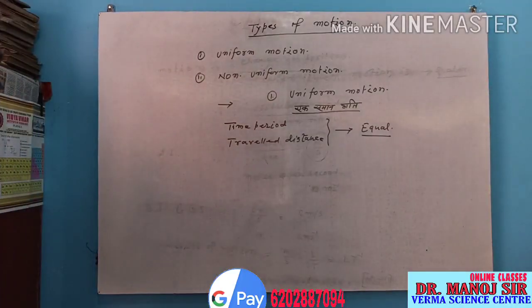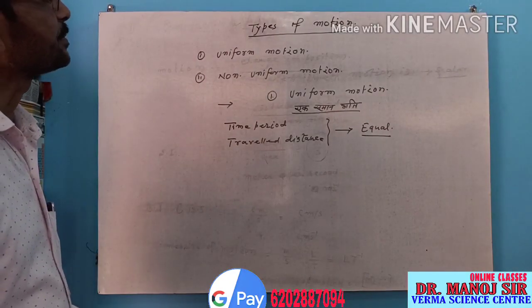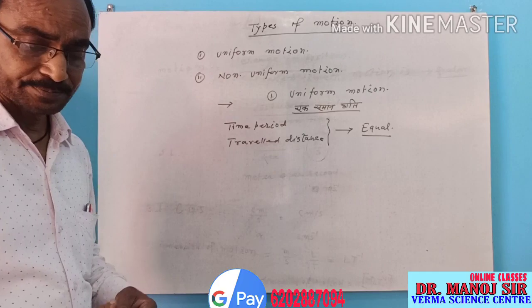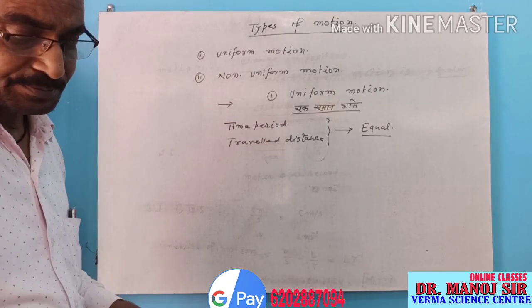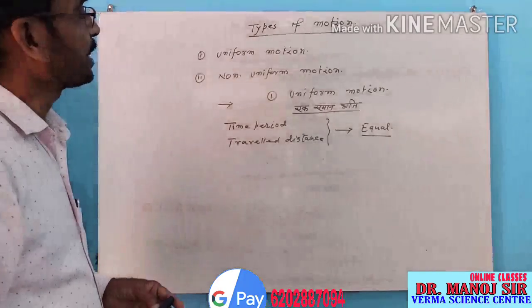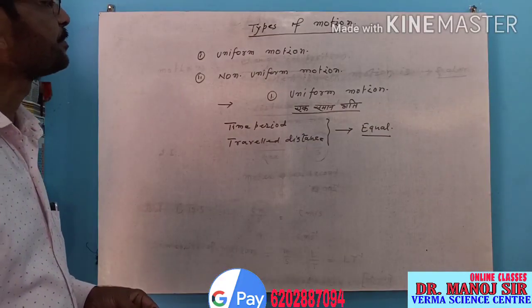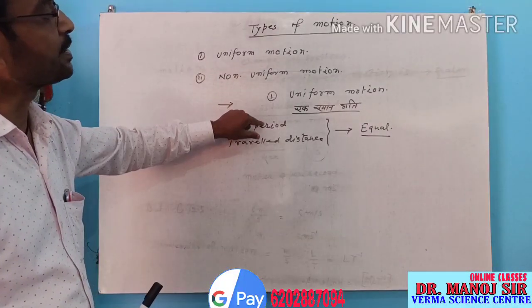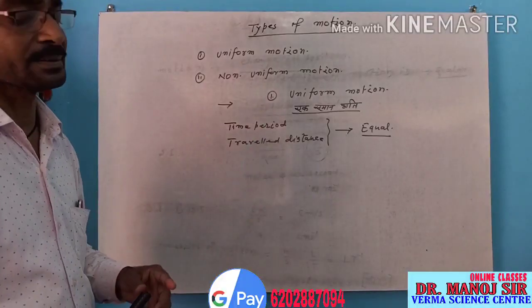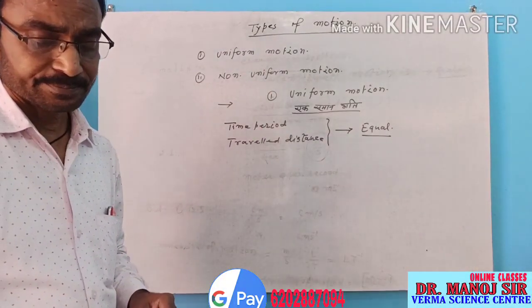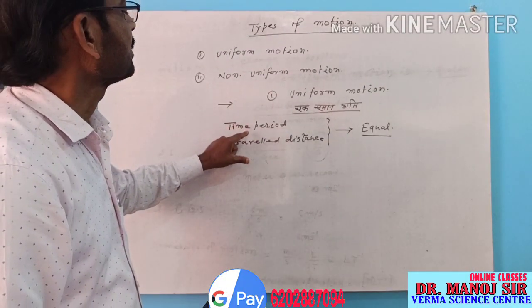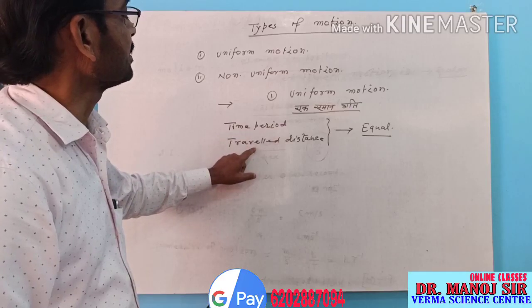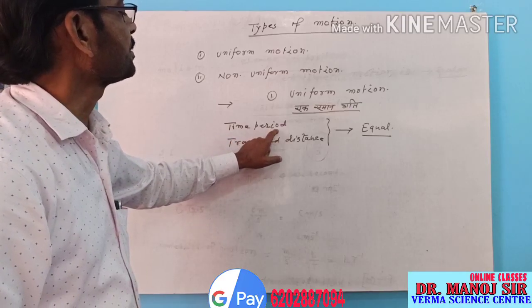Hence, uniform motion can be defined as: a body is said to be in uniform motion if it travels equal distance in equal period of time.